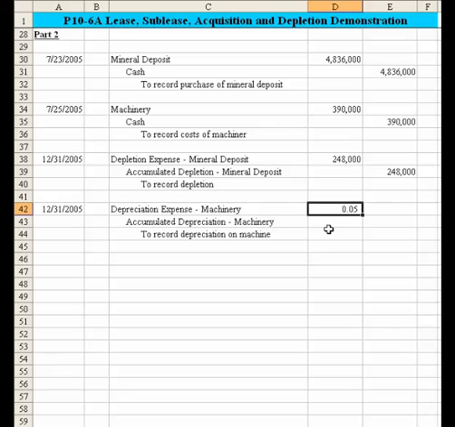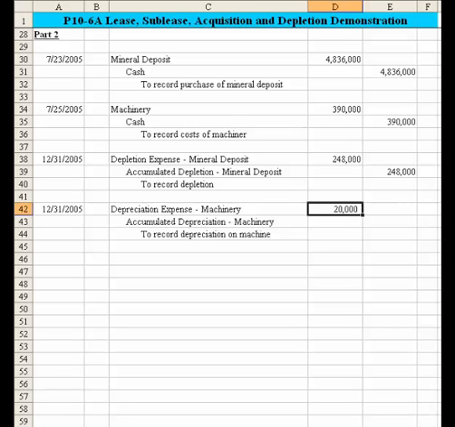It's 5 cents per ton, and once we have that, then we would multiply that times, let me hit the F2 so you can see the whole formula, equals the cost divided by 7,800,000 tons, gets us 5 cents per ton, times the number of tons that were mined during the year, which is 400,000. So we're using activity-based depreciation here, and we come up with $20,000.